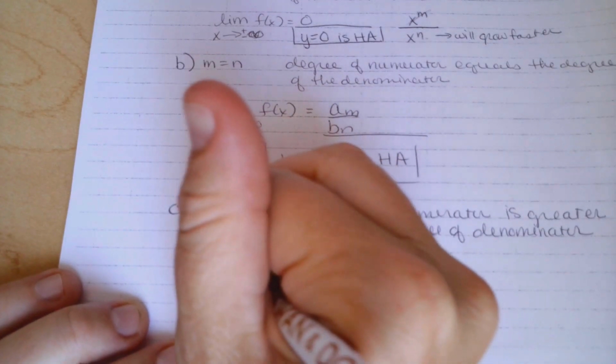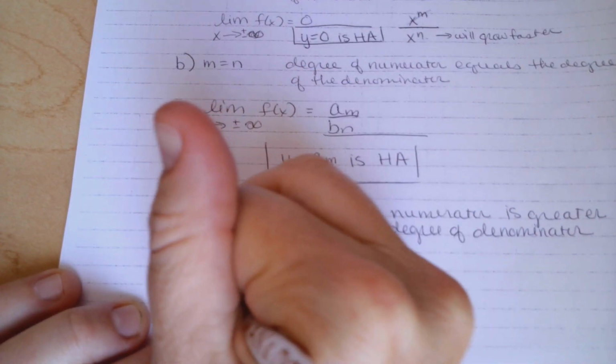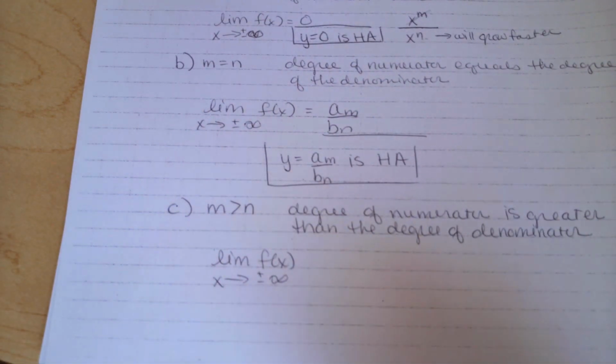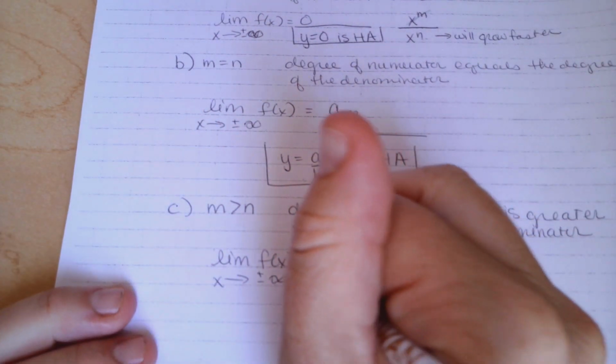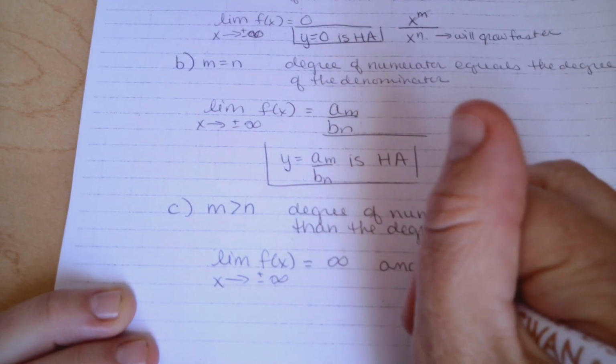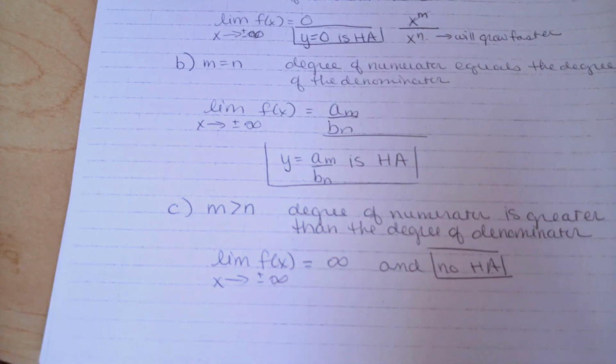Okay, and so the limit, and so if you think about what's going to happen here, again, you're going to have more infinities on the top than on the bottom, right? So the limit here is going to be infinity and no horizontal asymptote. Okay.